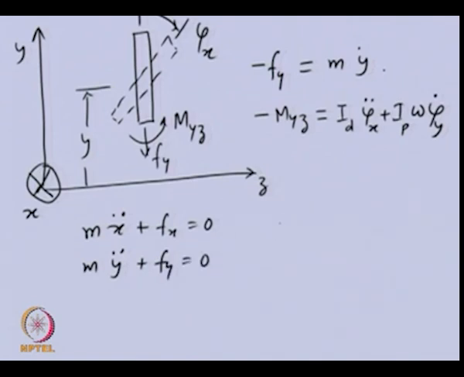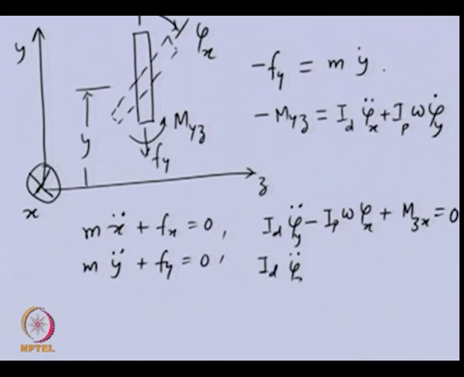Similarly, from the moment balance we have Id phi double dot y minus Ip omega phi x plus m zx is equal to 0, the previous equation, and then we have the 4th equation, with the velocity term, plus m yz is equal to 0.